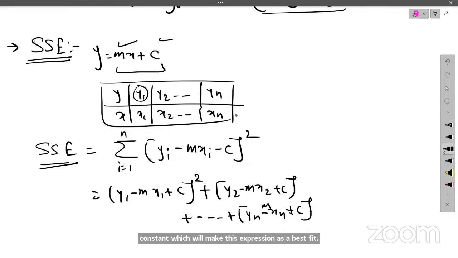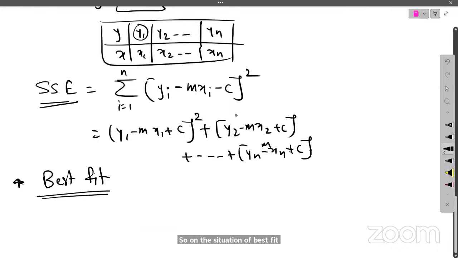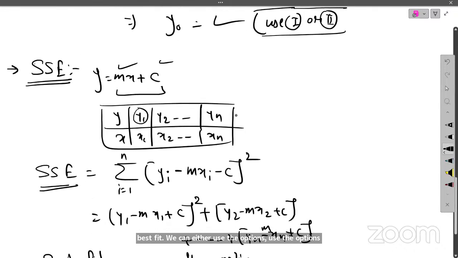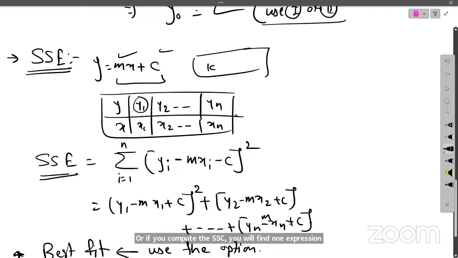Okay, so in the situation of best fit, we can either use the options, or if you compute the SSC, you will find an expression with a c square type of term. Suppose c is the constant, then you will get some c square type of expression.